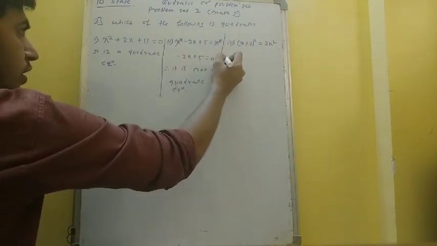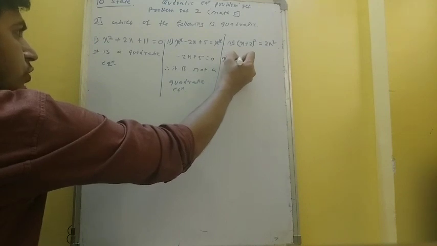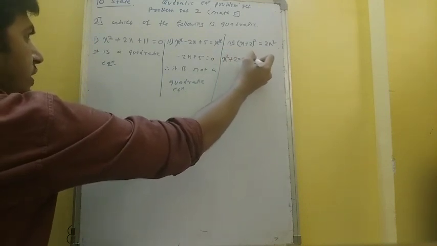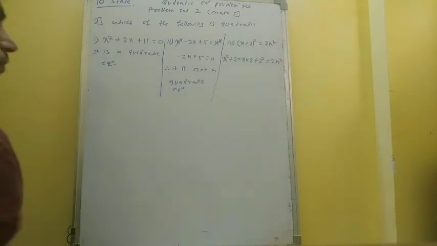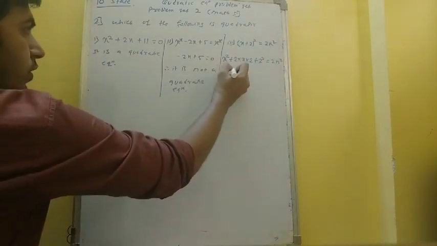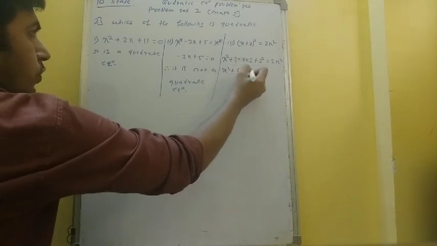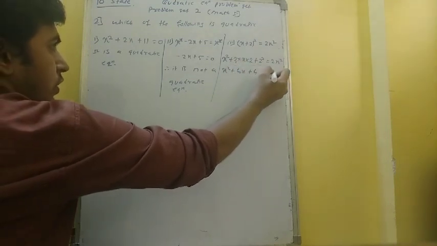Now for the third part, we will open the bracket. a plus b the whole square is a square plus 2 into a into b plus b square. So we have x square plus 2 2s are 4x plus 4 is equal to 2x square.